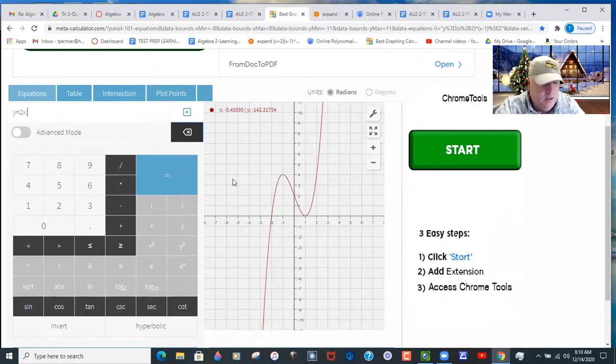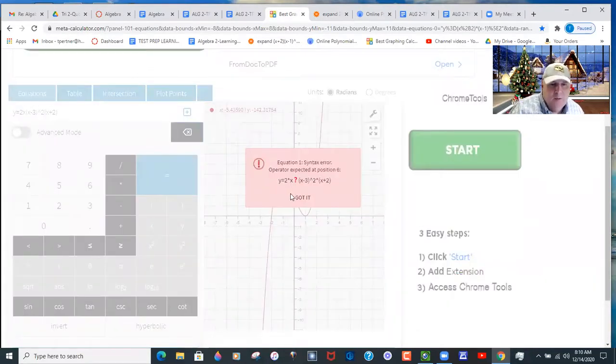You're definitely going to want to do that before you do any graphs. And I am only going to do this once because of the time. Then you need an enter.